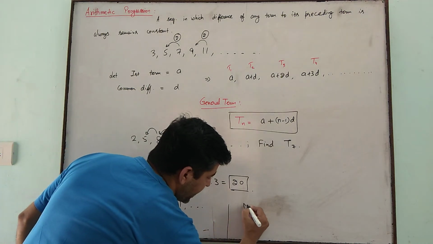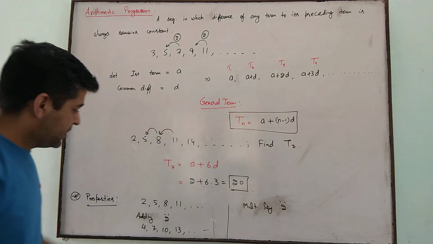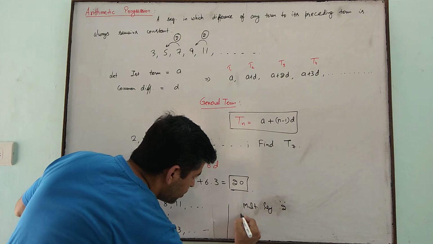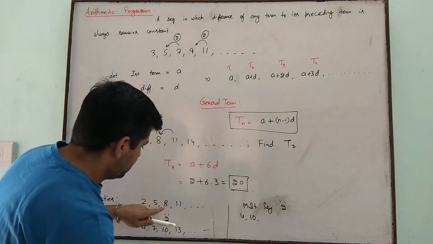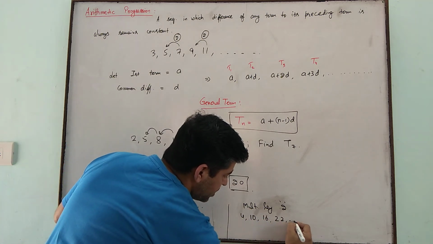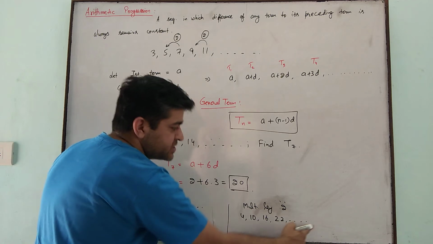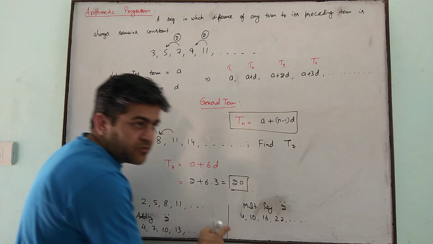Suppose we are multiplying by 2, then this will be 4, this will be 10, 16, 22. Now you see the difference has changed. The difference here was 3, but now the difference is 6, still constant.